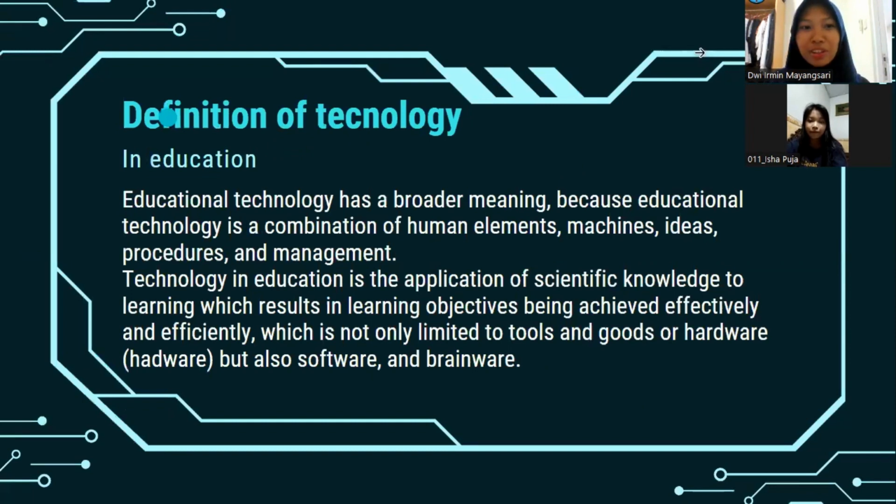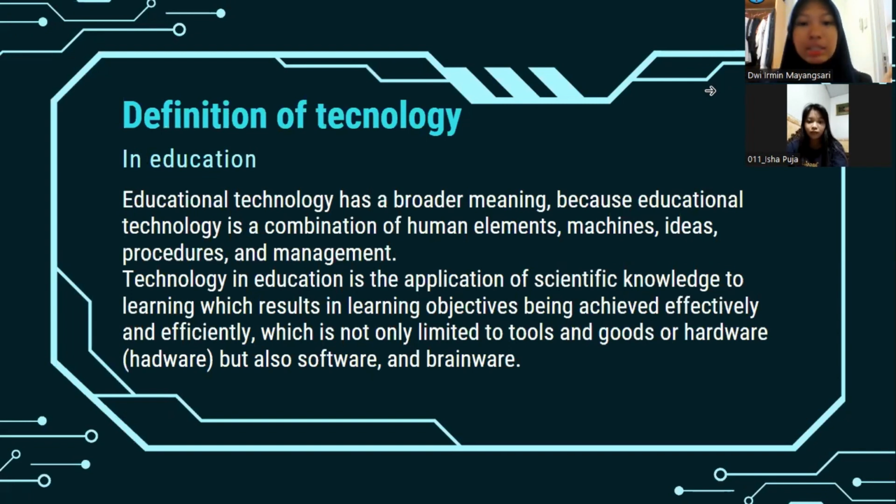I will deliver about the definition of technology in education. Educational technology has a broader meaning because educational technology is a combination of human elements, machines, ideas, procedures, and management.